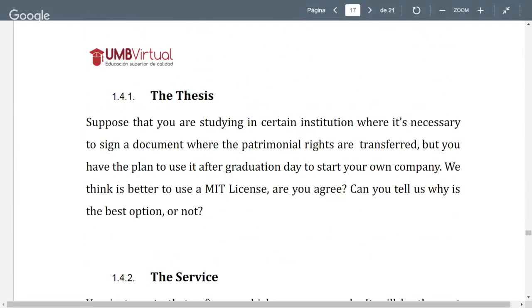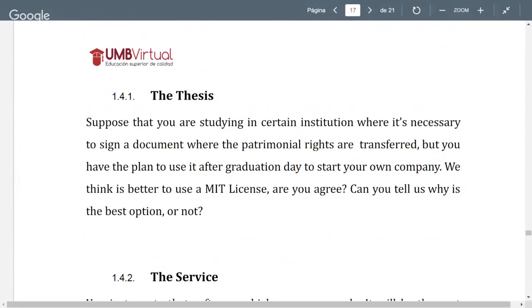But the good thing about it is that you can put the license that you want because you are the author, and you can also benefit from that license. If you want to use your software after that, you can, because the license permits you to do it. You are part of the world, and with that kind of license you share your work with the world, and you can use it.